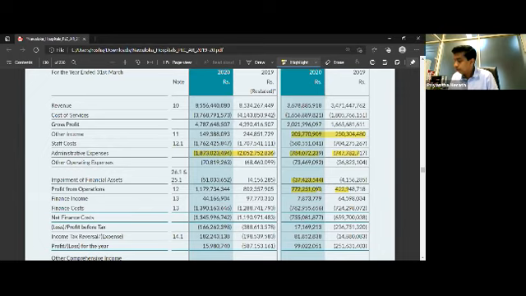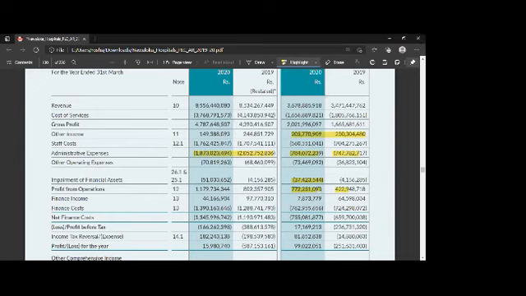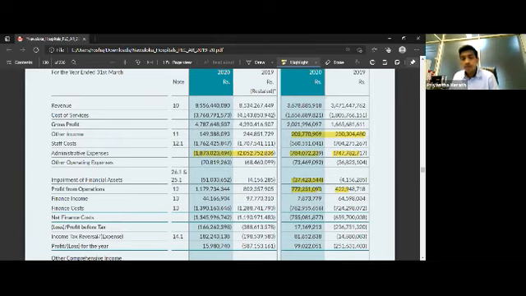Roughly how much? What's the percentage? So this year, 82%, right? 82% increase.